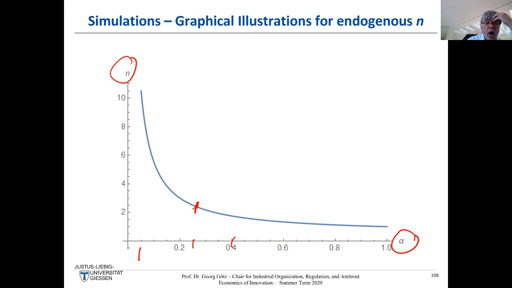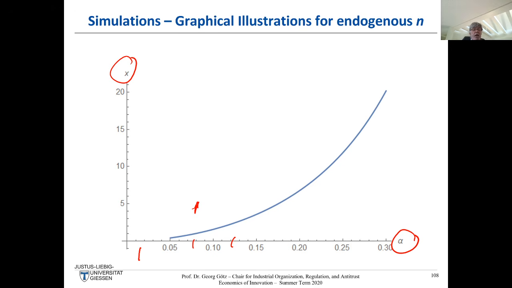Fixed costs are so high, like suppose in microprocessors you have to invest €1 billion or so in order to enter the market, and you have only a very small number of firms. On the other hand, here you have alpha, and here X, the R&D expenditure. You see that R&D expenditure almost explodes if alpha, the R&D productivity, increases.